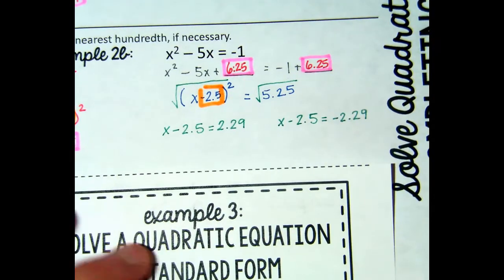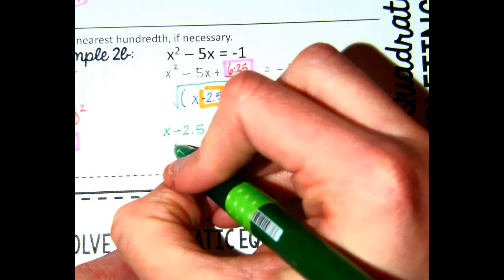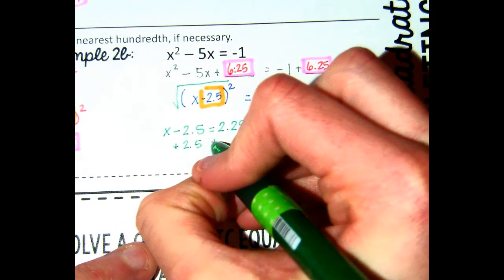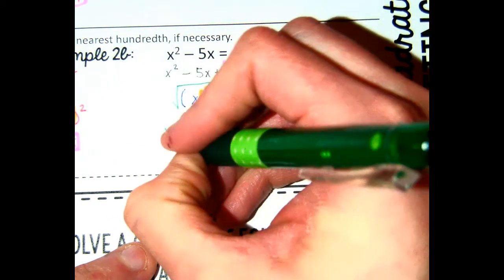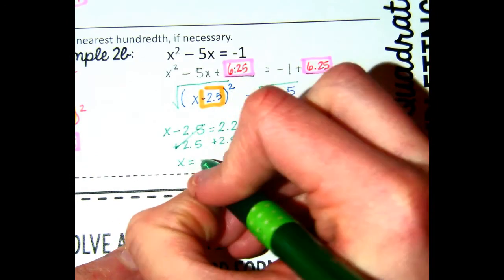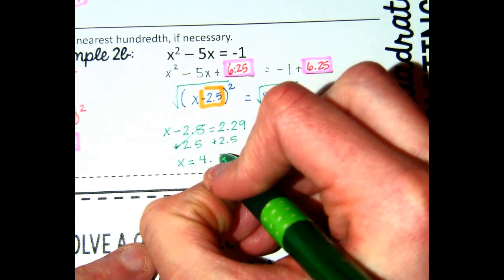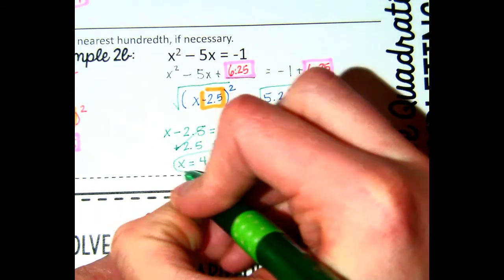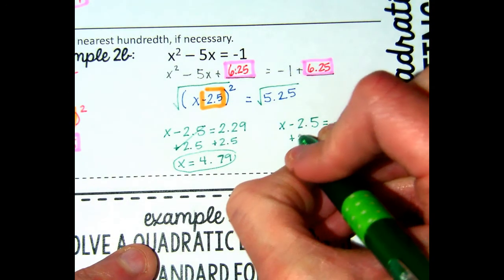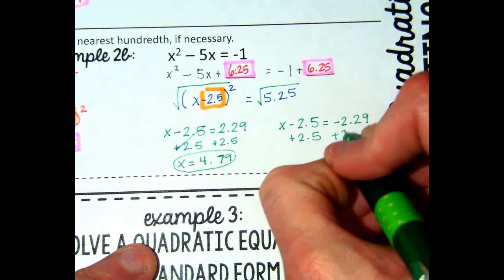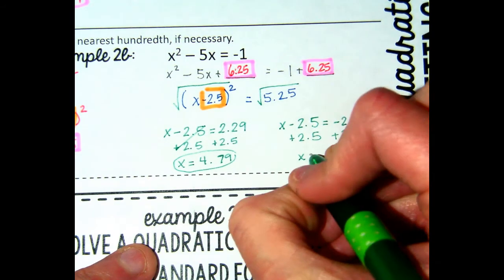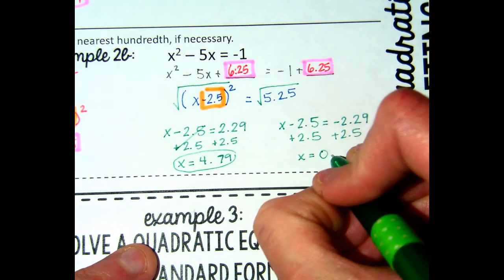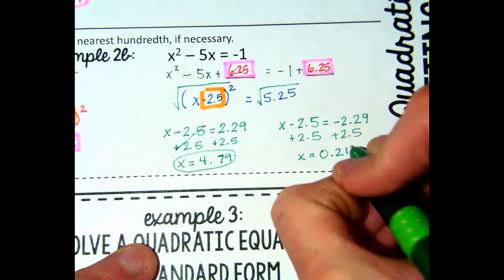Okay? What do I do last? x equals, I think 4.79, add 2.5, so x equals 0.21. Okay.